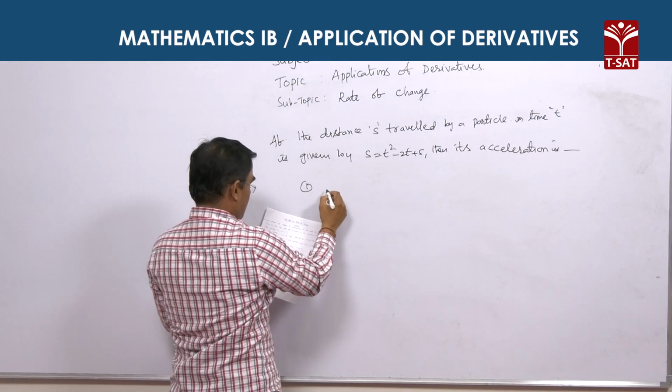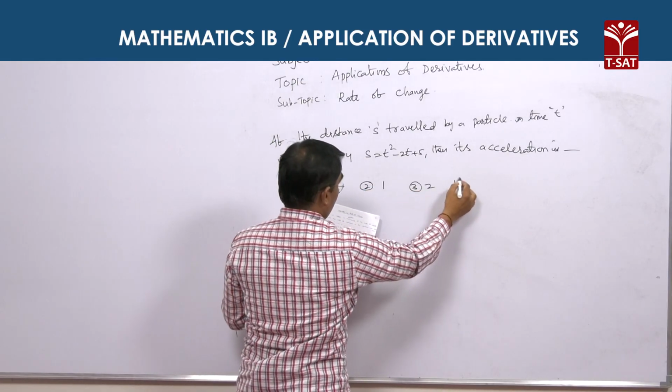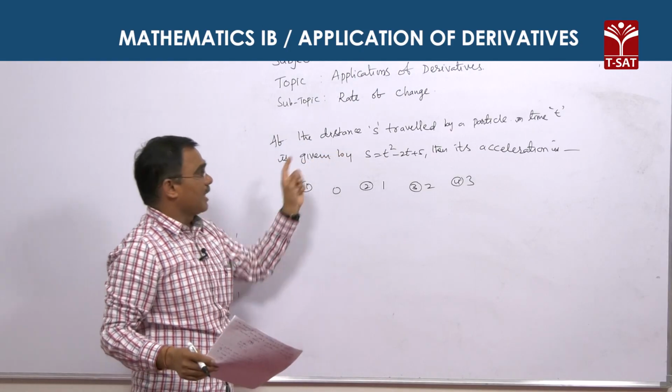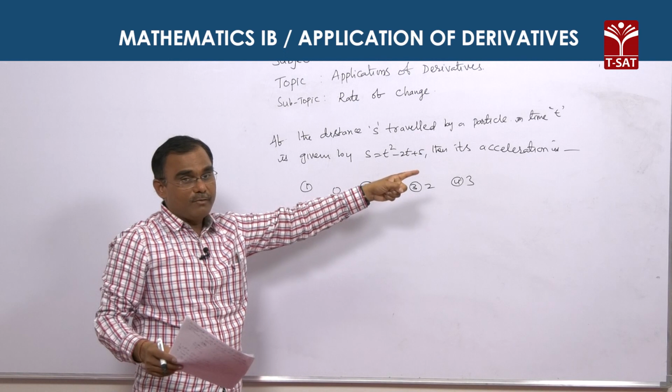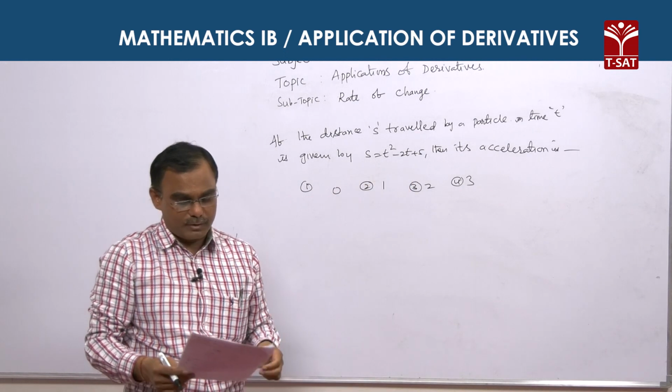First response is 0, second response is 1, third response is 2, fourth response is 3. If the distance s traveled at time t is given by the relation, then find the velocity and acceleration.